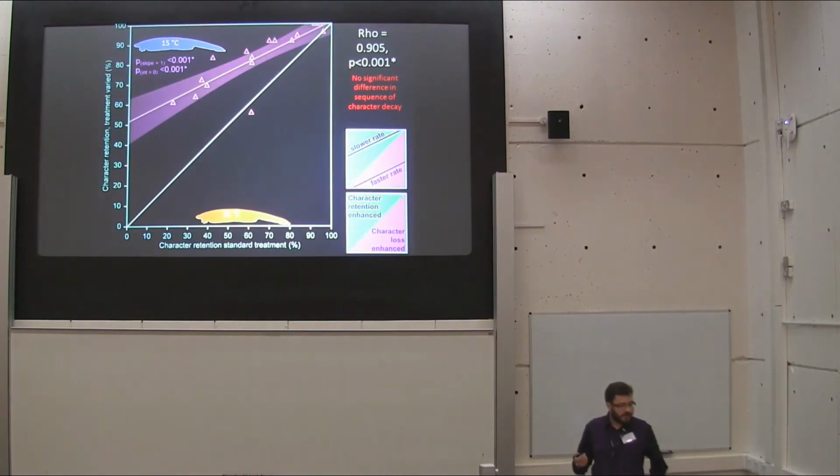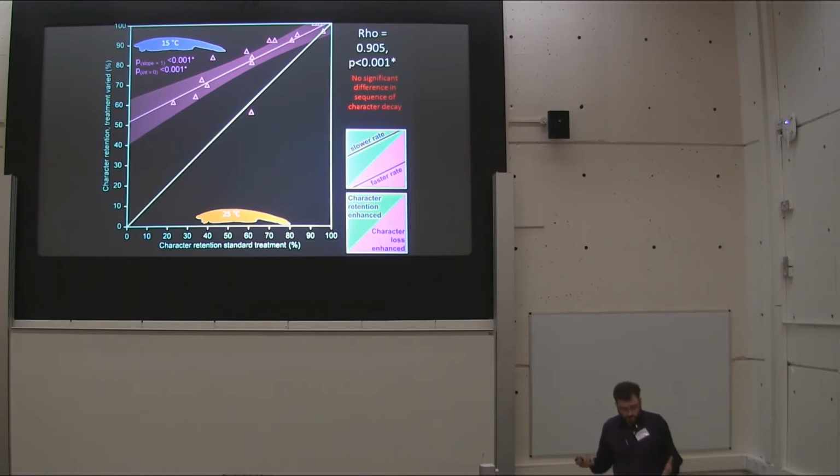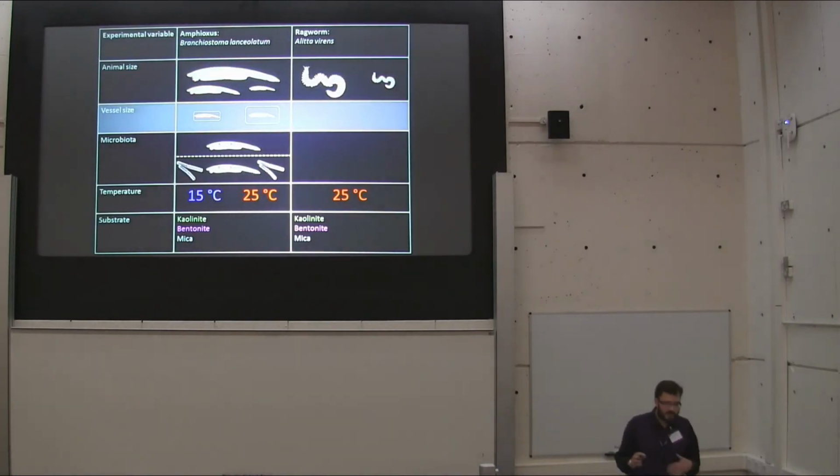If we plot up the character retention data, as you might expect, we have both enhanced character retention and a slower rate of decay in the cooler setup, which isn't surprising because everybody knows that refrigerators work. So that's just to give you an idea of how we can interpret these results.